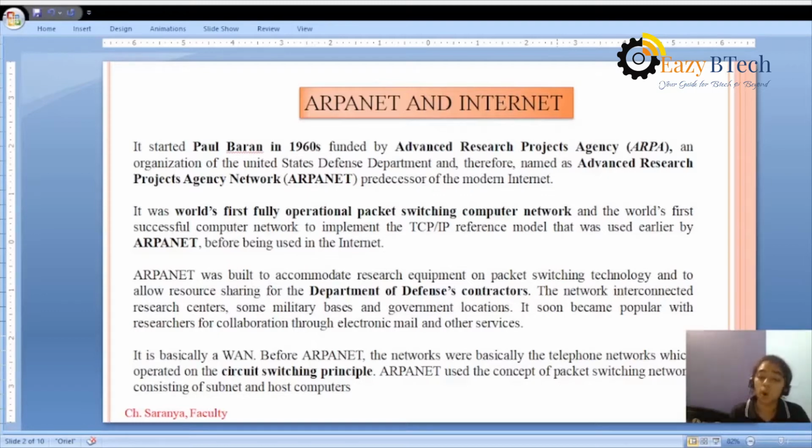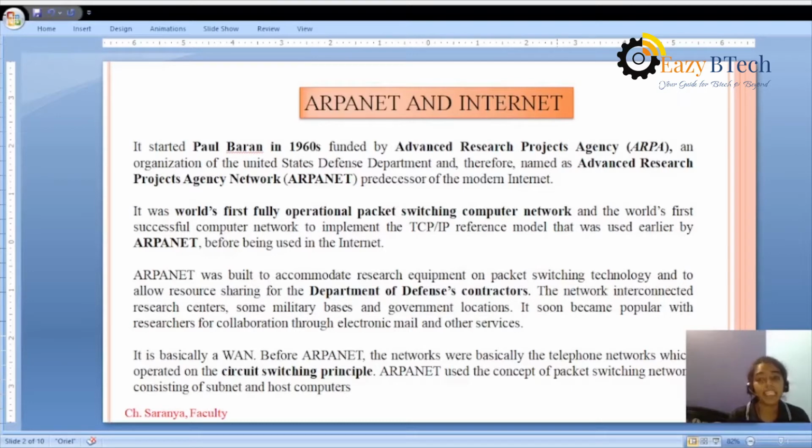The network interconnected research centers, some military bases and government locations. It soon became popular with researchers for collaboration through electronic mail and other services.